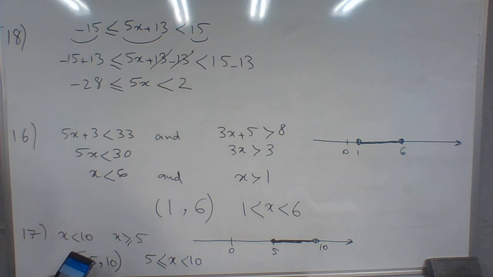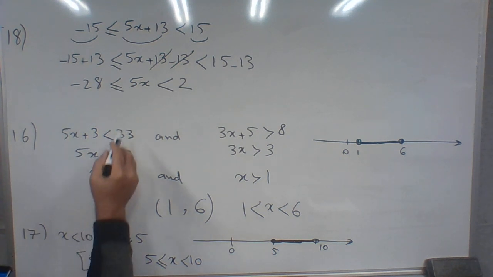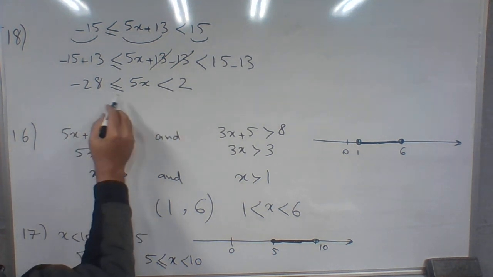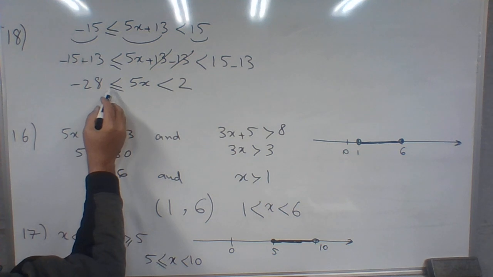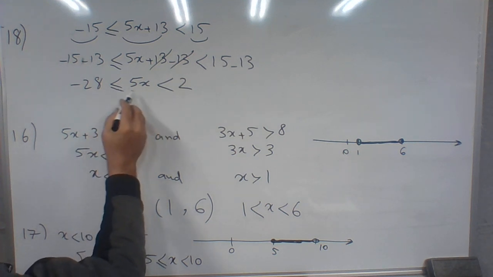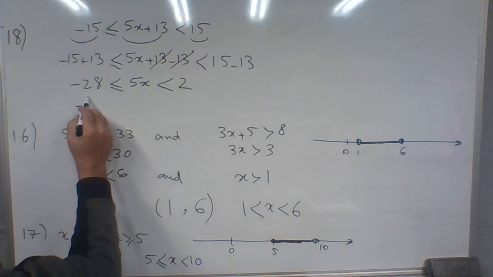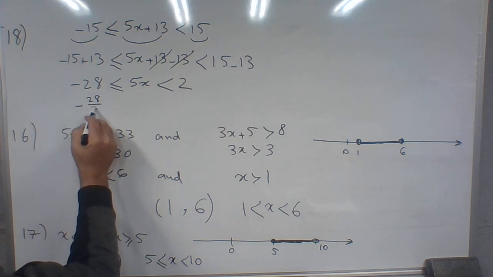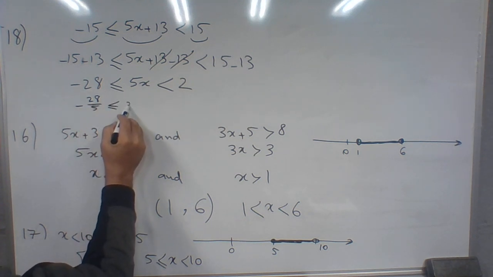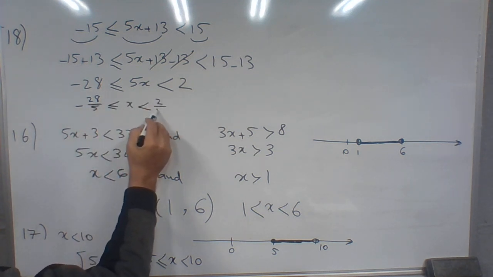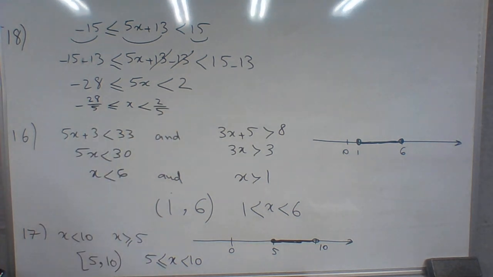And then it says solve for x, so we need to write in interval notation. So now divide everything by 5. Since it is positive, the directions just don't change. So minus 28 fifths less than or equal to x less than 2 fifths. So this is the inequality notation for the answer.